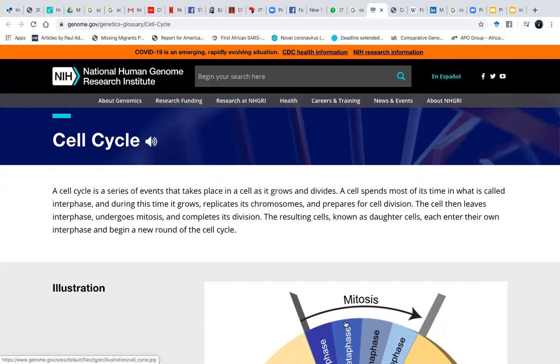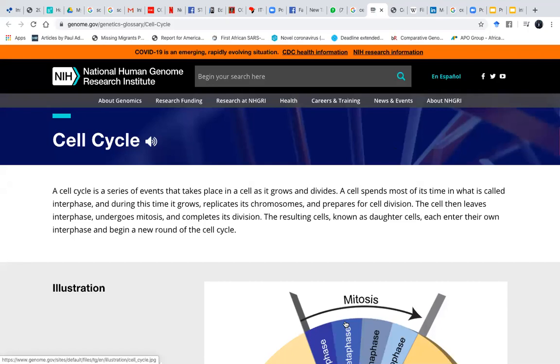So once growth has happened, once the cell has grown, once its chromosomes have replicated, and it is now ready for cell division, that is when it leaves interphase. Interphase is the longest stage that the cell stays. It spends most of its time at the interphase stage.